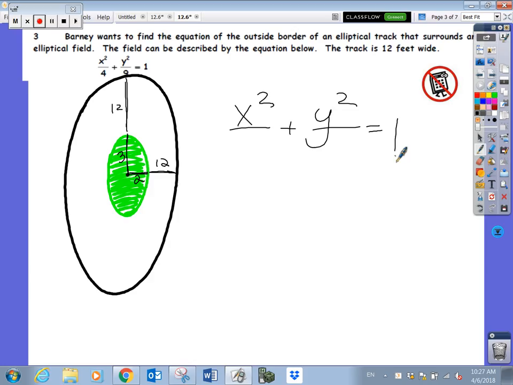So 3 and 12 is 15. So now that length is 15. So 15 squared, 225. From the center all the way to the outside of the track is 2 plus 12, which is 14. 14 squared, 196. So there's your equation of the ellipse.